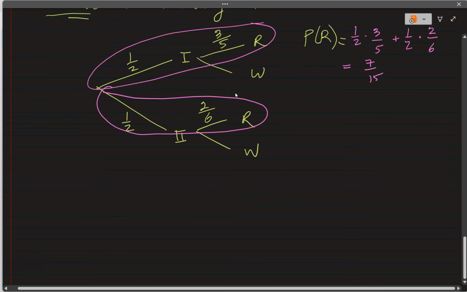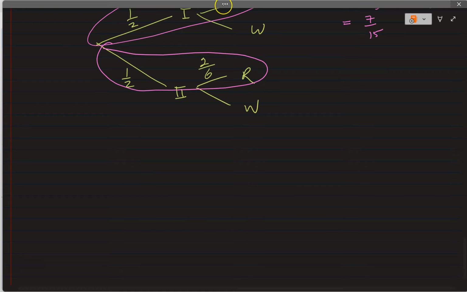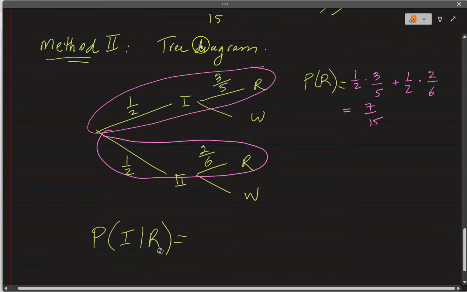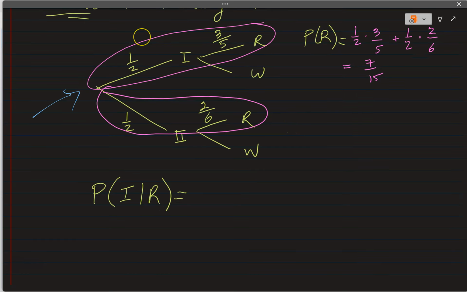Now you go ahead and write the probability formula. You get the probability that it comes from box 1, given that it is red, is equal to, now what is the probability of coming from box 1 and red? Well, that's just 1/2 times 3/5. We're just using this branch right here, only.